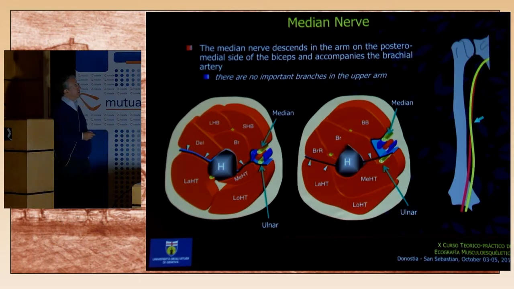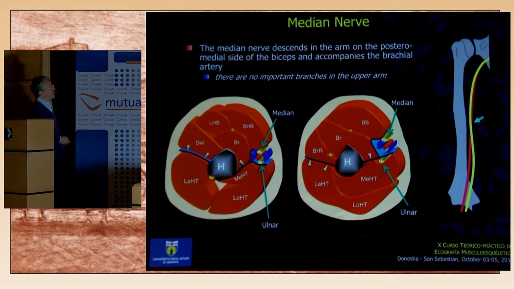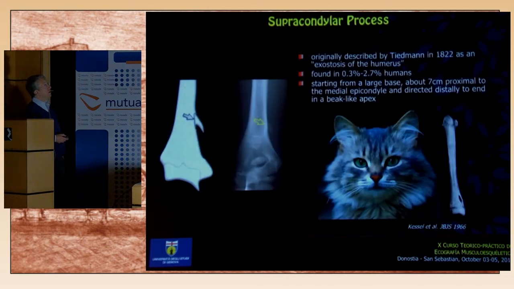Remember that the brachial artery represents the best landmark to identify the median nerve. The median nerve passes any time close to the brachial artery. It may then cross over the artery or just deep to it, changing its respective relationship just in the mid-proximal arm. But anyway, in general, there are no problems for ultrasound to identify the median nerve and to follow the fascicles from proximal to distal.